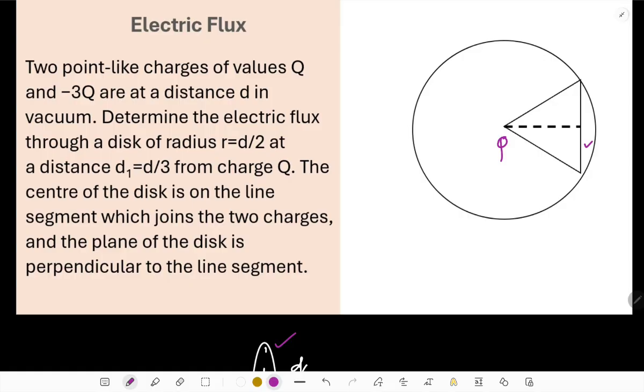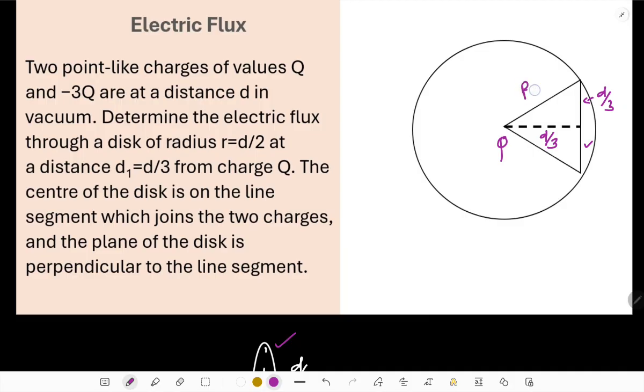How can we do this? We can do this quite easily. I have discovered earlier that this distance is d by 2, this distance is d by 3, and this distance is d by 2. So I have placed a sphere over this cone, covering it, and I would like to know the radius of this sphere as well.